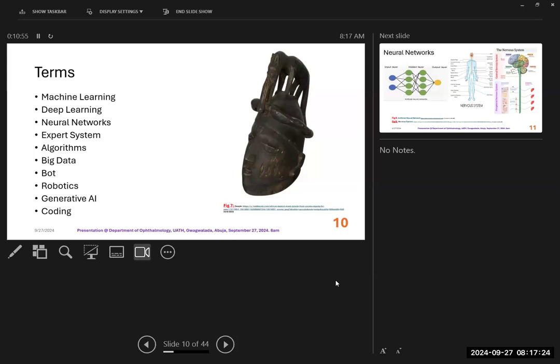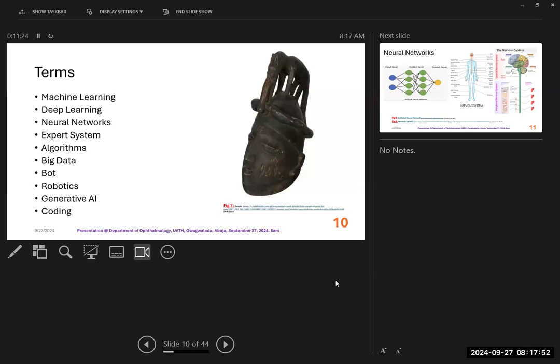Then there's what we call an algorithm. An algorithm is just a stepwise manner by which you achieve a particular goal. If you want to cook rice, you have to get rice, wash it, and then put it on fire. Something like that: a stepwise fashion of how to achieve a particular goal.